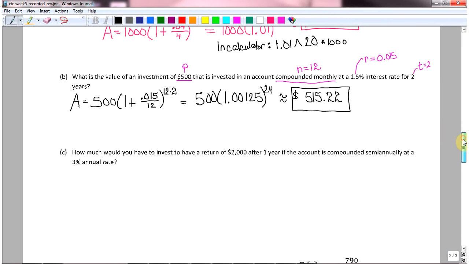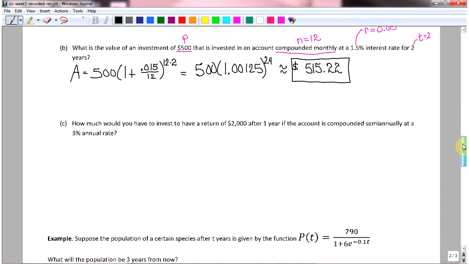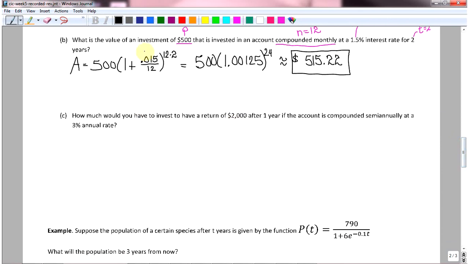Okay, going on to part C. How much would you have to invest? Okay, so if we're looking for the amount that we have to invest, they don't tell us. That means that we need to figure out what P is in this case.